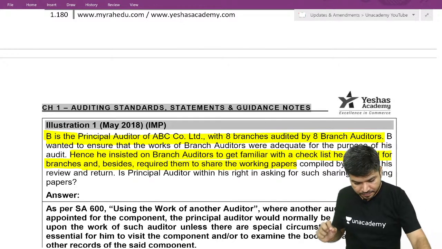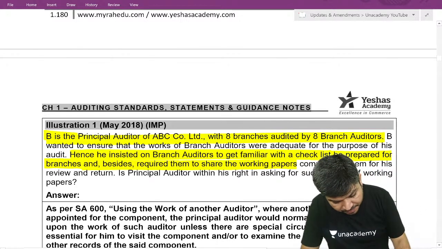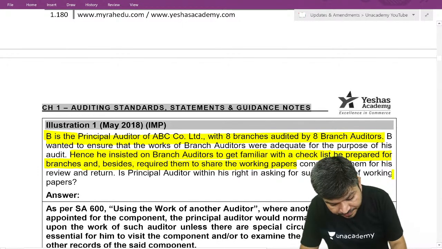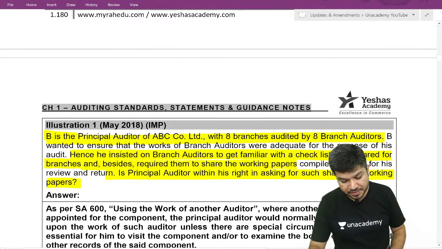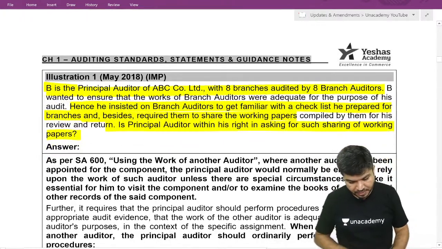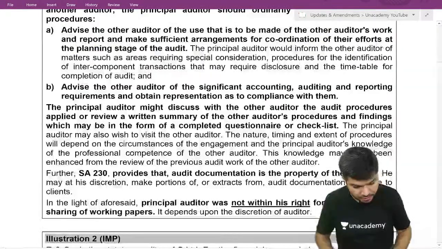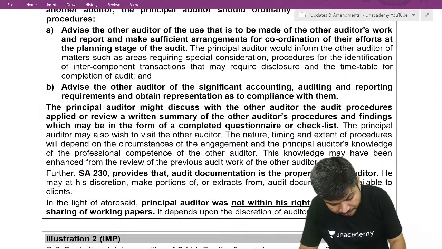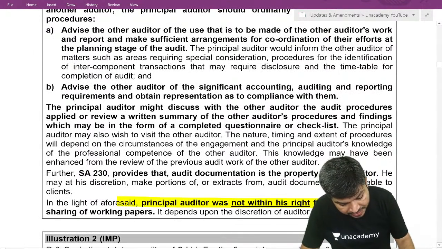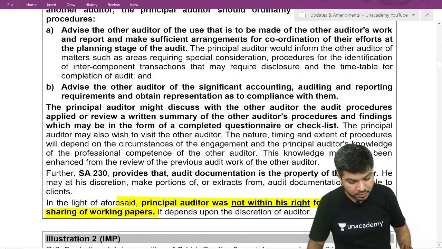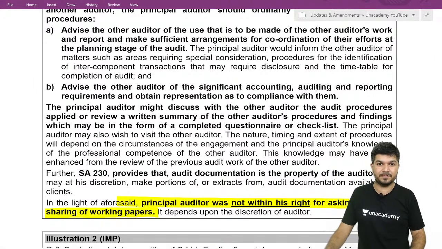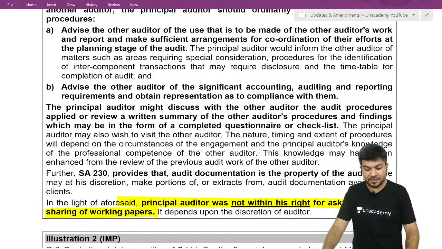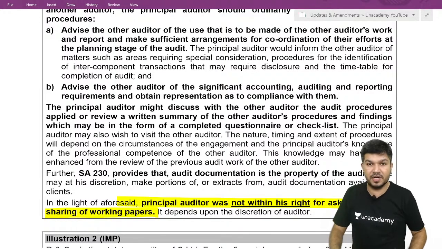Okay, the question: is the principal auditor within his right for asking such working papers? The answer will be no. The principal auditor is not within his right for asking for such sharing of working papers.